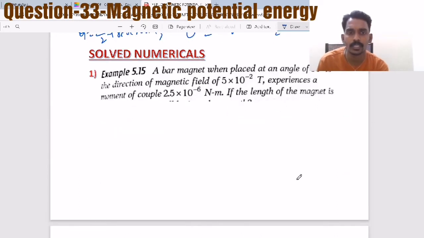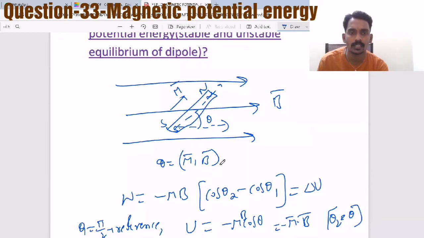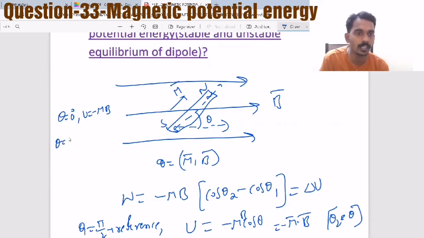And also sometimes they'll ask questions based on stable and unstable equilibrium. When theta is 0 degrees, then the potential energy is minus MB. When theta is 180 degrees, U is plus MB because cos 180 is minus 1. So this is minimum, this is maximum.